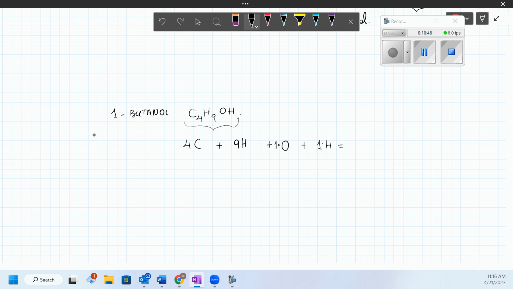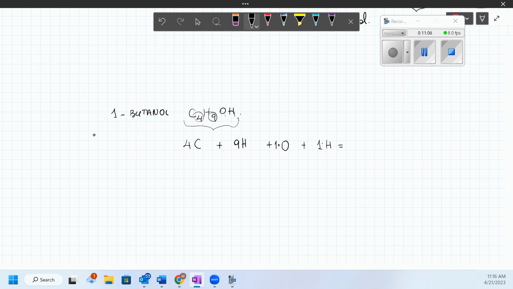So do not even try to do more. The first step is to identify the number of each atom in the compound using the subscripts here, 1 and 1.